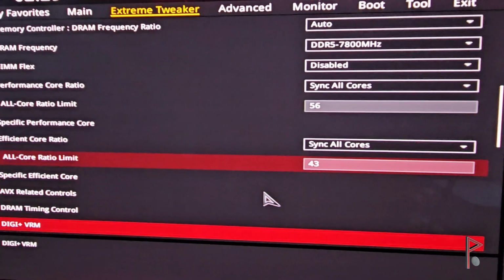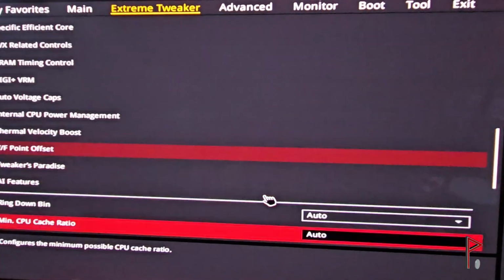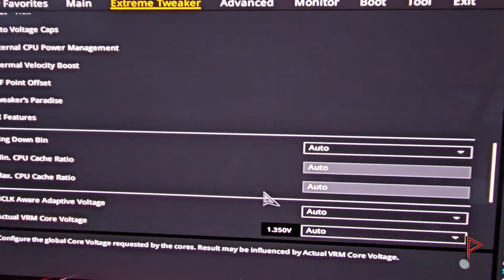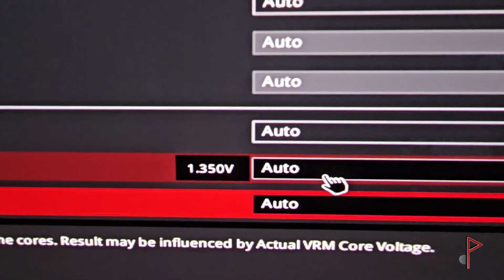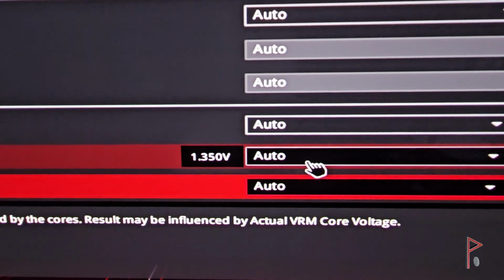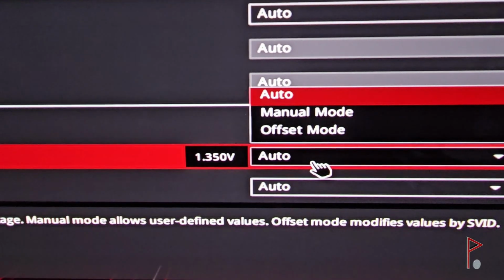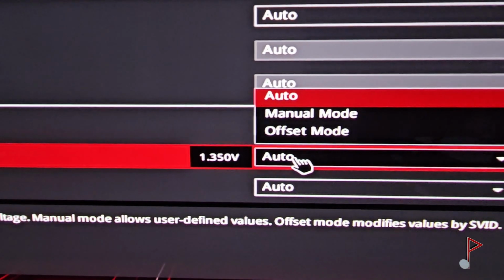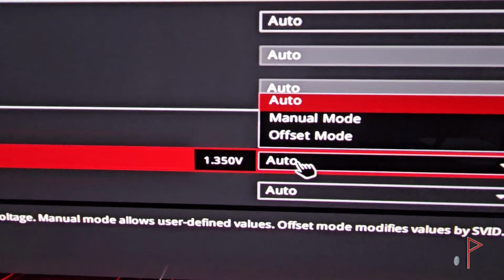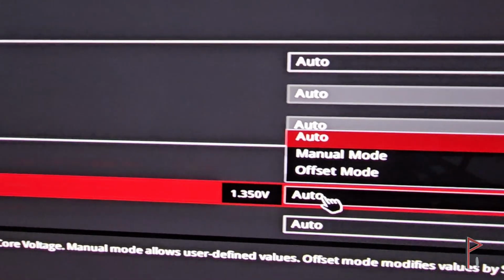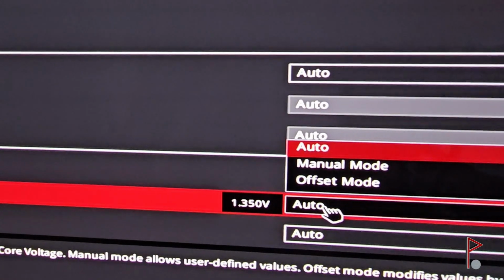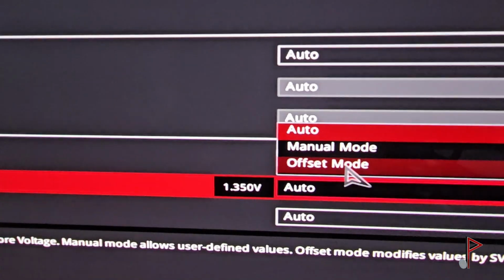The full process of doing this actually involves one more step, which is right here to adjust this core voltage. When I finish tuning everything, I'm going to turn this into offset mode. And whether it's a plus or a minus offset, I don't know yet. I'm going to wait until I tune all the rest and do the RAM tuning again, and then I'll figure this part out.